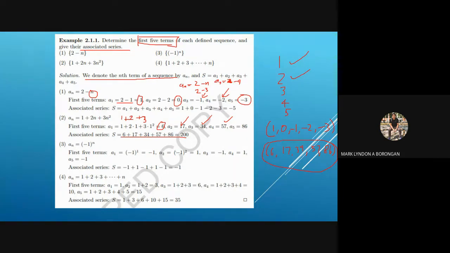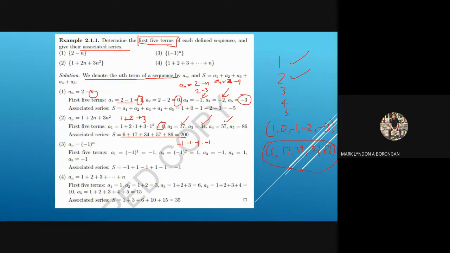For a sub 2, you'll get negative 1 squared, so negative 1 times negative 1, so positive 1. For a sub 3, multiply another negative 1, so it's negative 1 again, because positive 1 multiplied by a negative is negative. For the fourth term, if you multiply by negative 1, since the negatives pair up, they'll be positive.